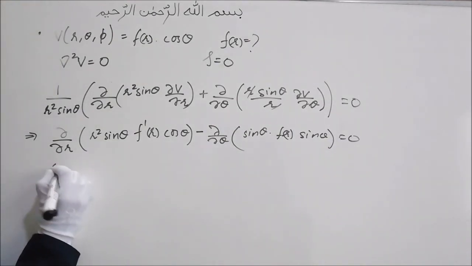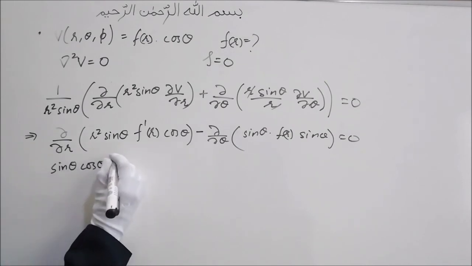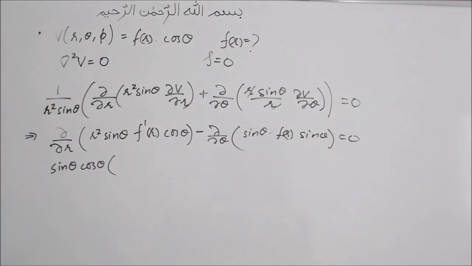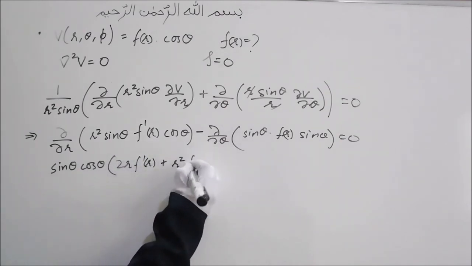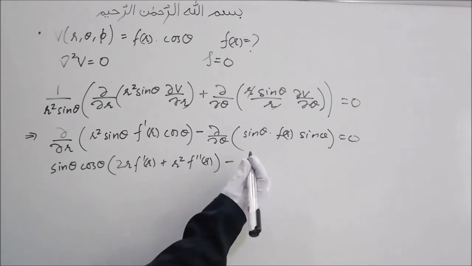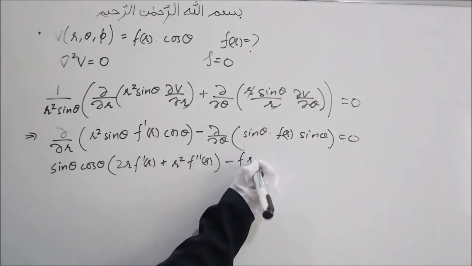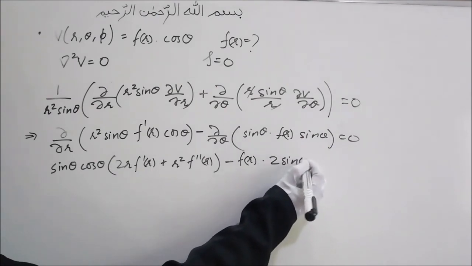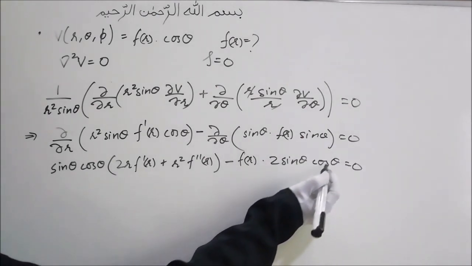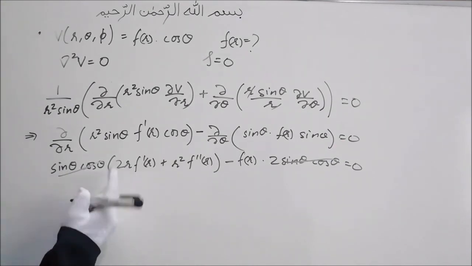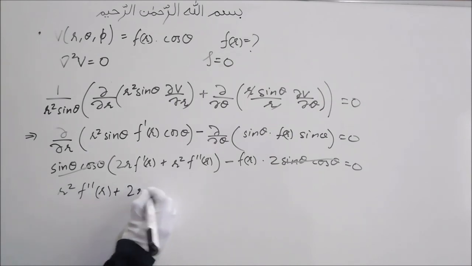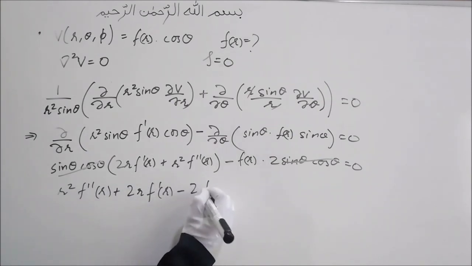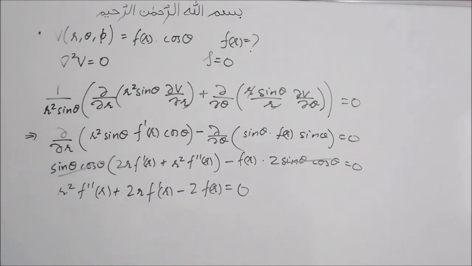We take sin theta cos theta out: del by del R of R square F dash of R gives 2R F dash of R plus R squared F double dash of R, minus sin squared theta into F of R, which gives 2 sin theta cos theta, equal to 0. We take sin theta cos theta out. So our equation now becomes R square F double dash of R plus 2R F dash of R minus 2 F of R equal to 0. This is our equation.